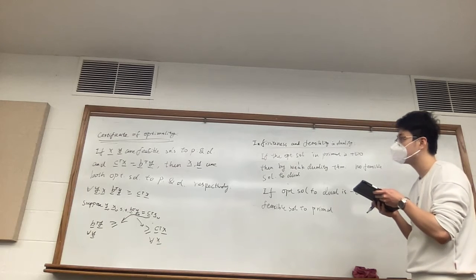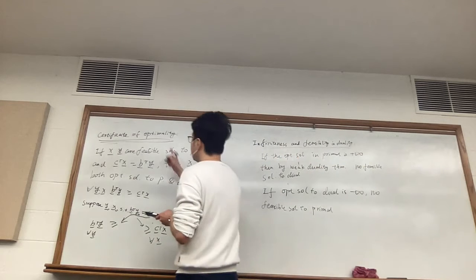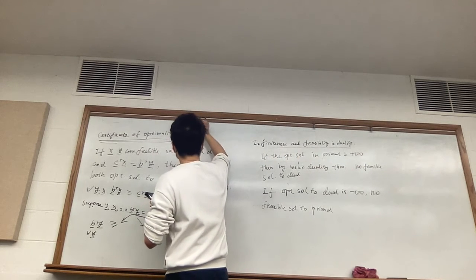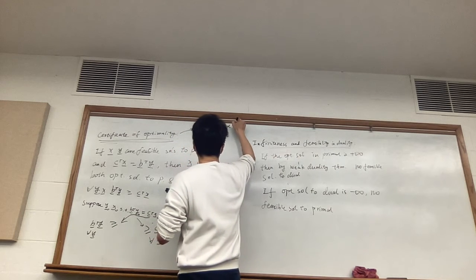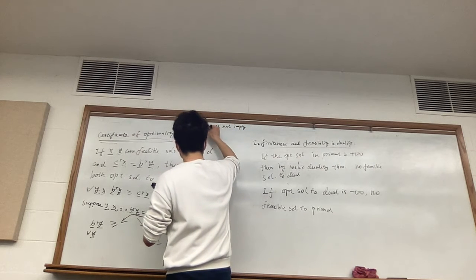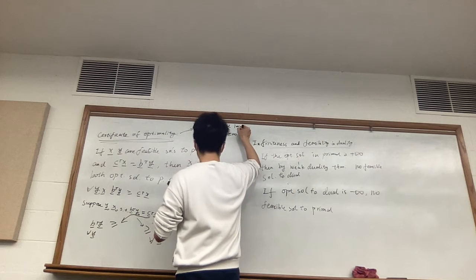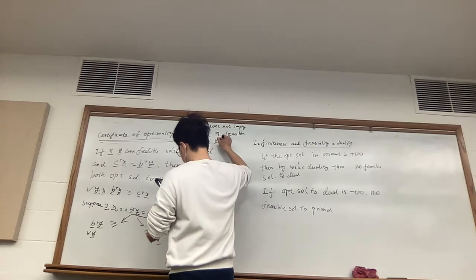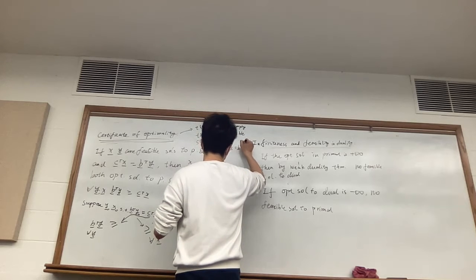What else? Oh, by the way, I need to say that the certificate of optimality does not imply that there exist feasible solutions x, y such that C transpose x equals B transpose y.